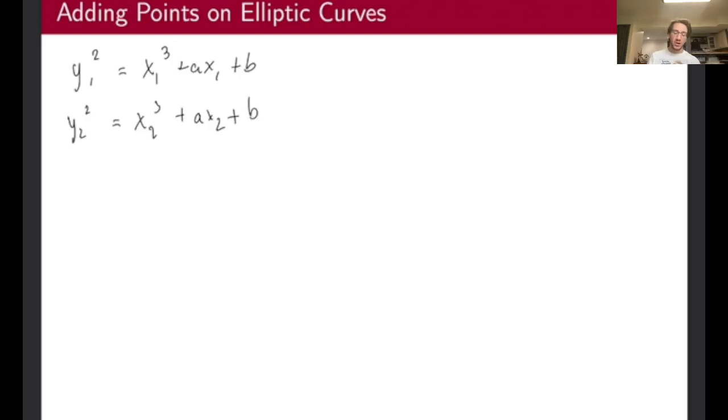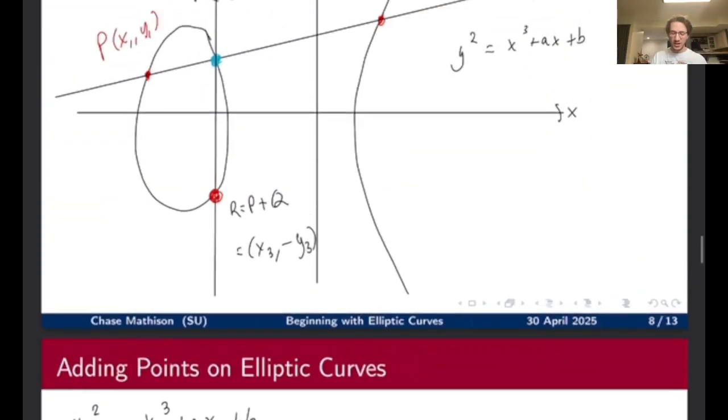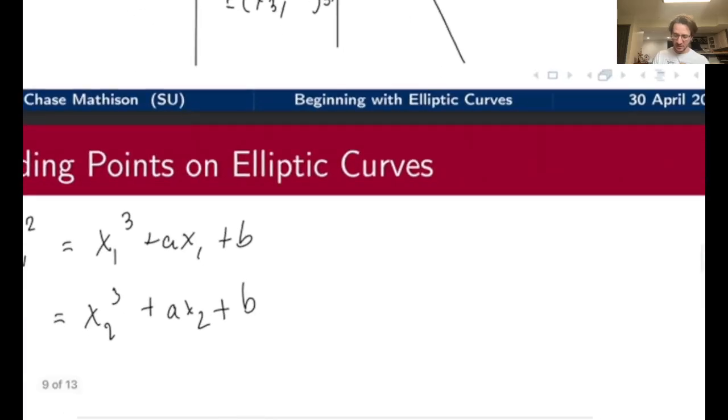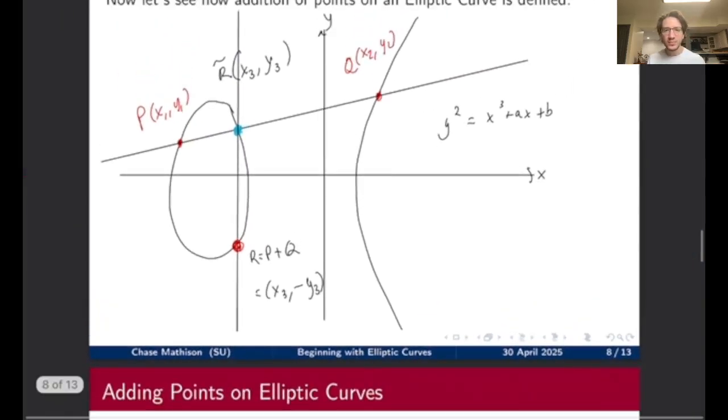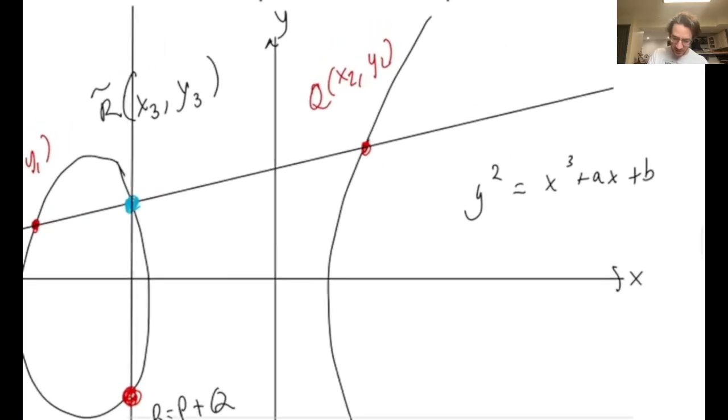Okay, now the slope between these 2 points is just m equals y2 minus y1 over x2 minus x1, right? Change in y over change in x.